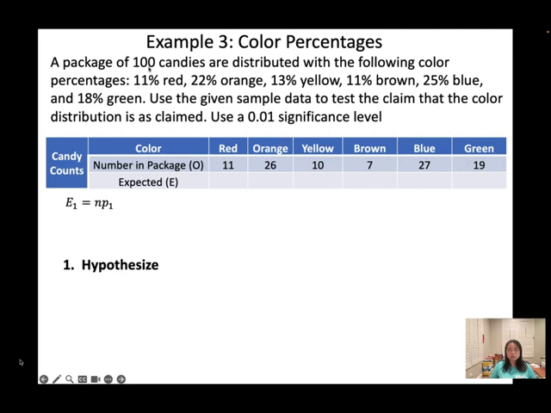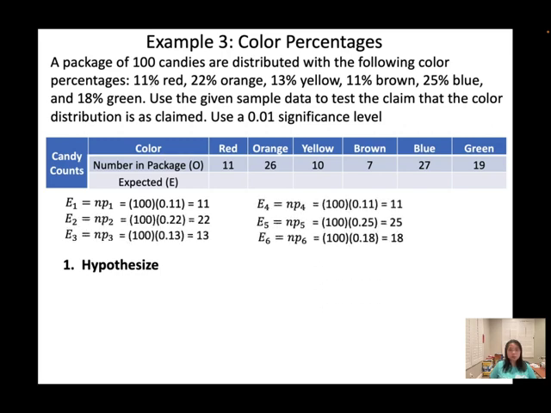So it should be equal to 100 also. 100 times the red, which is 11%. Okay? So check your work. You should have the expected frequencies like this. Double check, add them all up to see if it equals 100.